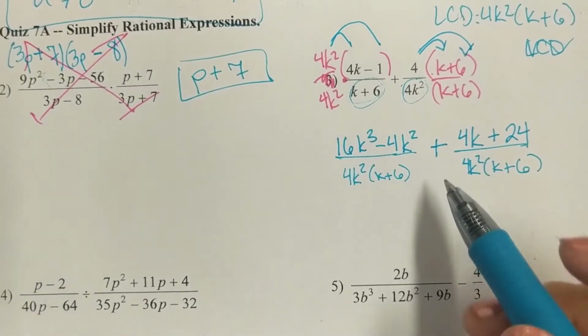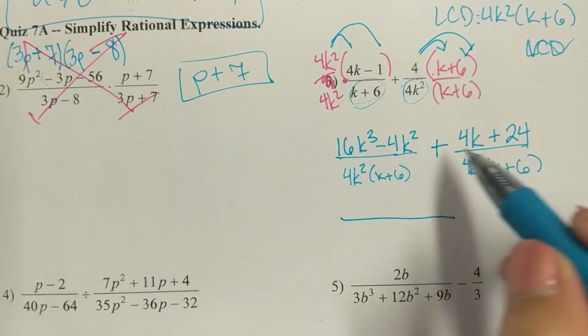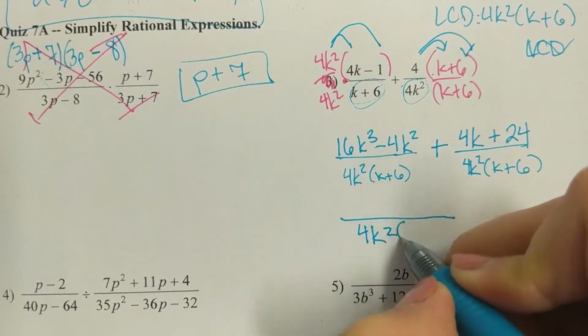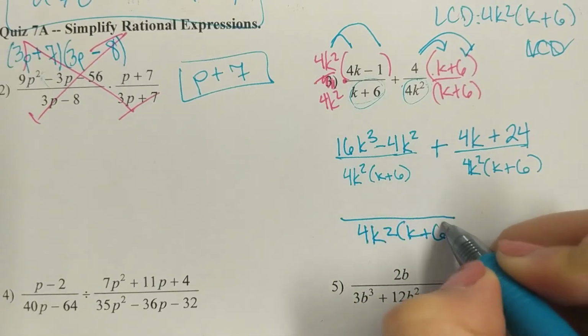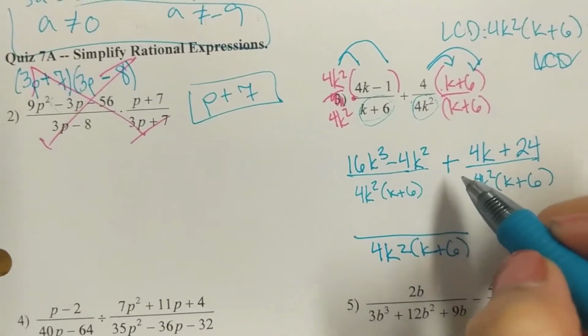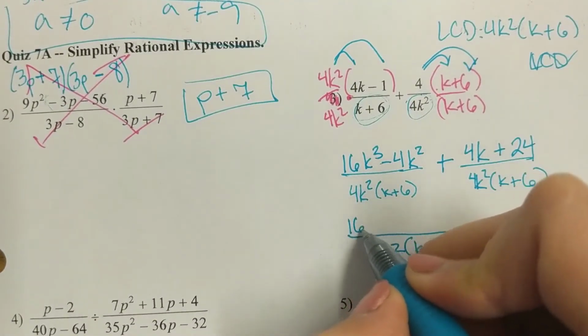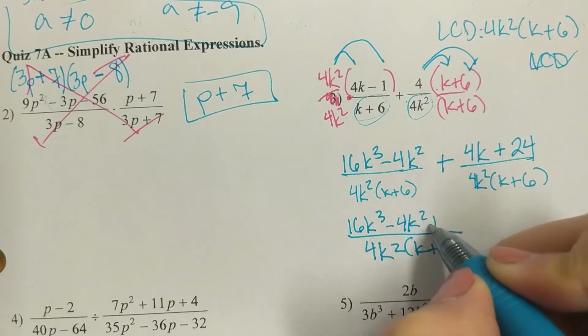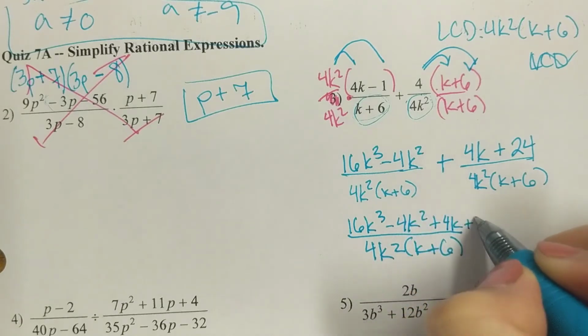Now you have the same denominators, so just combine like terms on the top, and we have none. Okay, so we have 16k cubed minus 4k squared plus 4k plus 24.